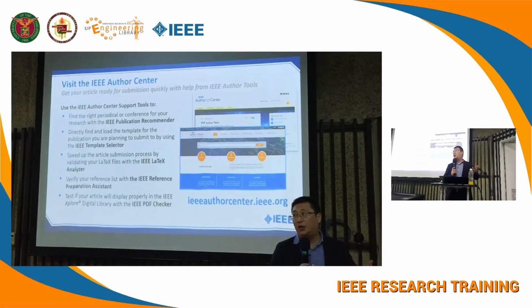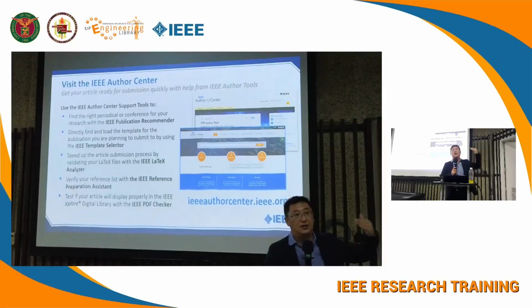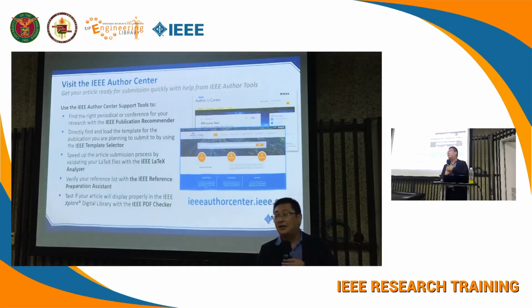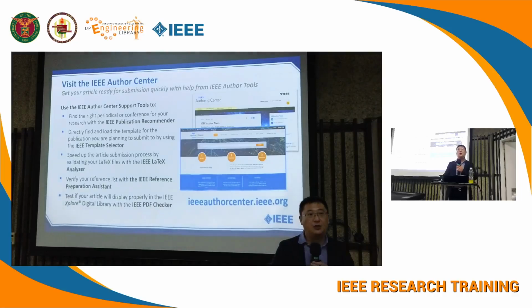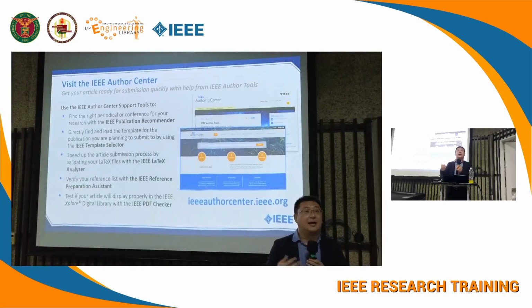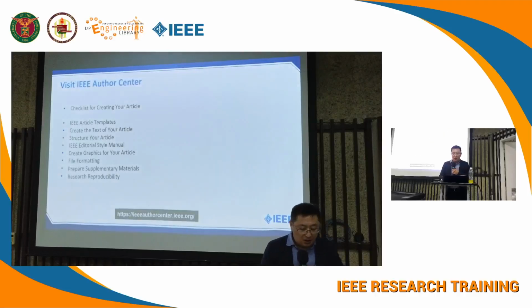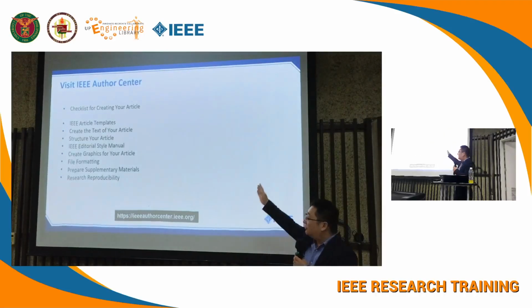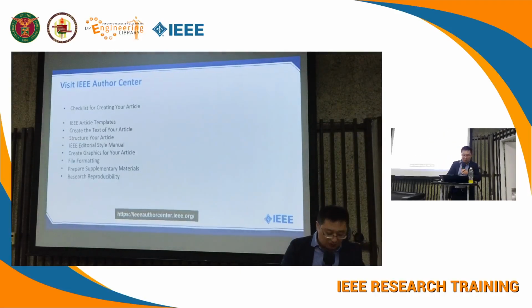We also have video tutorials explaining the different sections of the paper. And for master's and PhD students, if you want to publish with IEEE, how do you submit the paper? How does the peer review process work, etc.? All right, so those are some of the tools available in the IEEE Author Center.